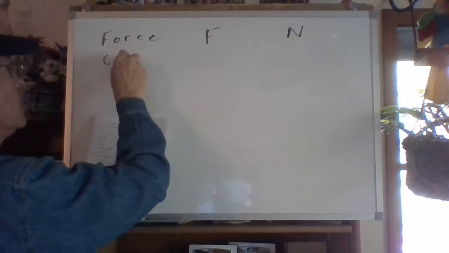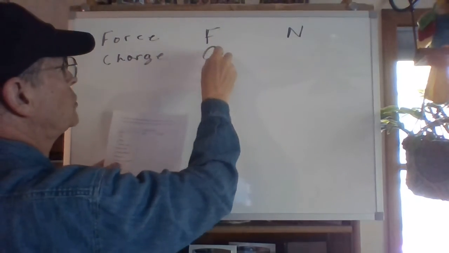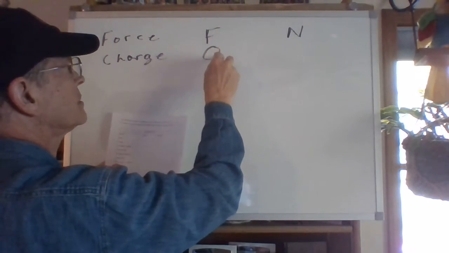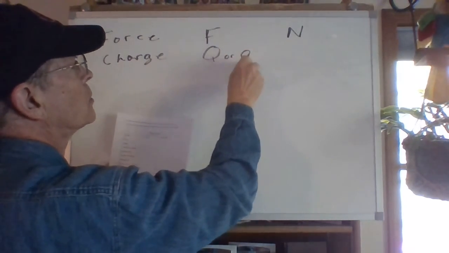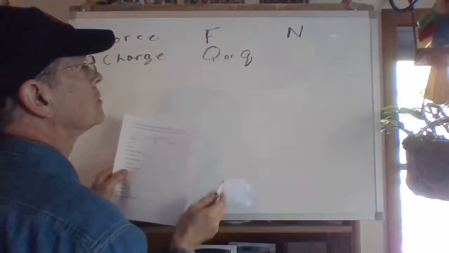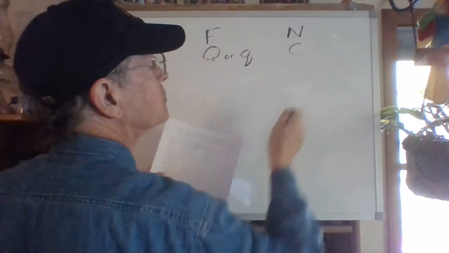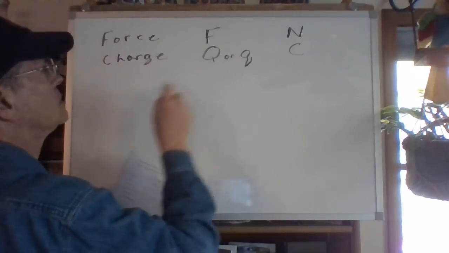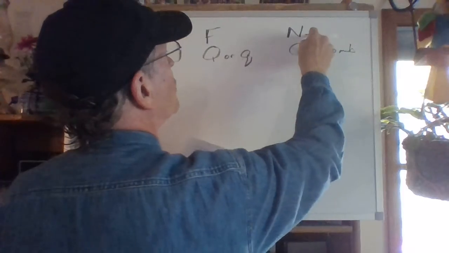Charge, the symbol, Q. Your book uses little q, I believe. It could be big Q. I've seen both. Little q, big Q. The unit label, Coulomb, C. I'll spell it out. Coulomb, Newton.